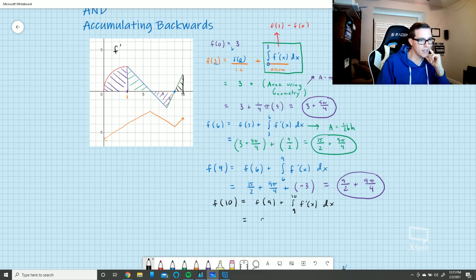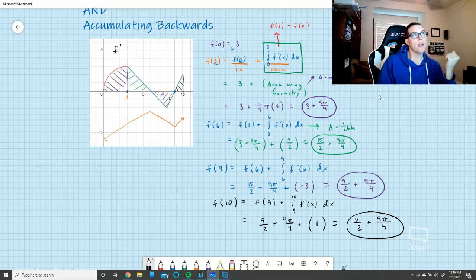And that is 9/2 plus 9 pi over 4 plus the accumulation. It's positive and it's a triangle. Half base times height, so 1/2 times 1 times 2, which is 1. And that looks like we get 11/2 plus 9 pi over 4. And that is our final value for f of 10.